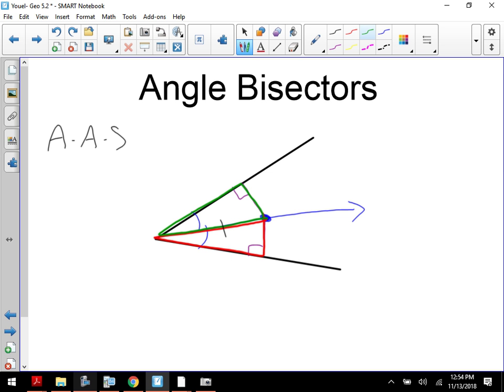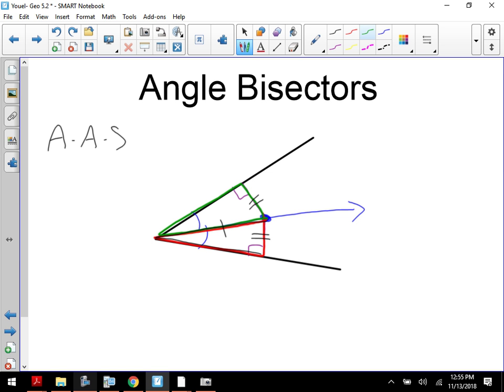Again, we've done all of the congruency stuff before. We know that we've got a right angle, we've got another angle, then we've got the side. So if you're on that angle bisector and you're perpendicular to the sides, that means you have to be equidistant. Okay? So when you're an angle bisector, it's two things.